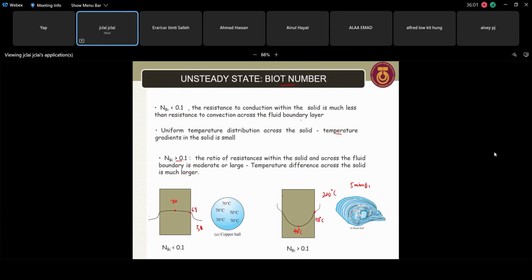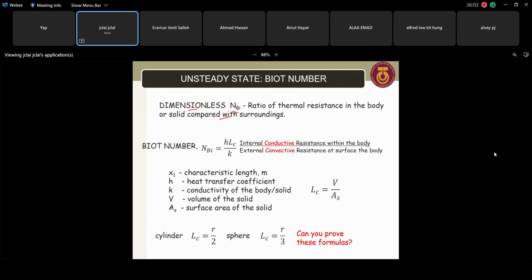From the formula, the Biot number equals h Lc divided by k. What is h? h is the convective heat transfer coefficient, what you learned in convection. k is the thermal conductivity of the solid body. And Lc is the characteristic length.